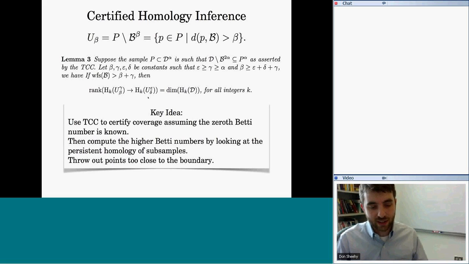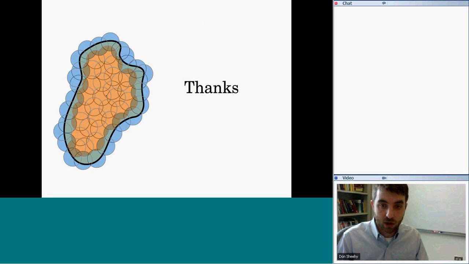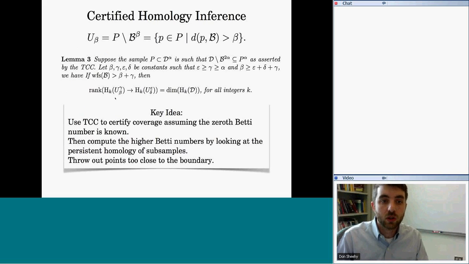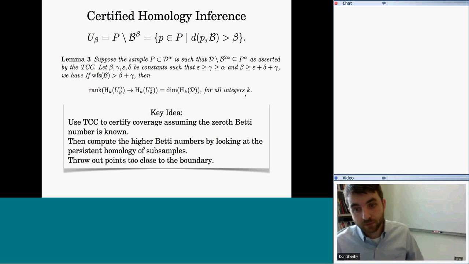Because the coverage criterion doesn't give you exactly what you need to apply the Chazal-Lieutier results directly. That's why I like to do this subsampling. But then, by the same Cech-Rips interleaving type arguments, you can bound this rank. In fact, for bounded weak sets, you can actually compute this rank from persistent homology, and thus get the homology of the underlying domain for all k.